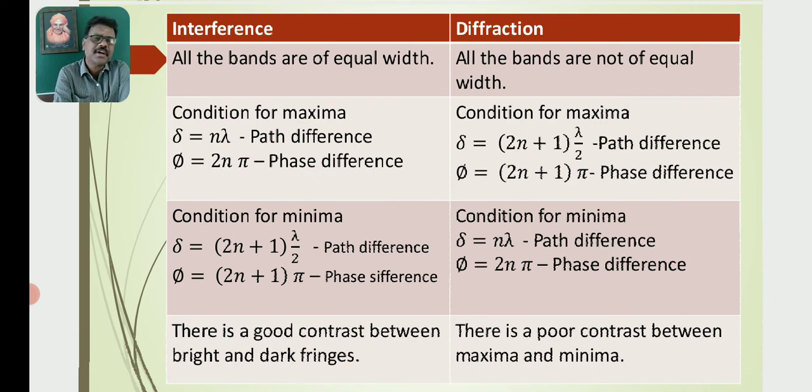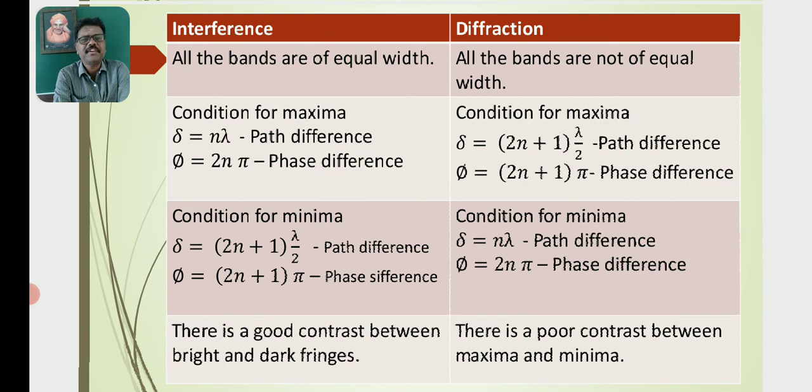In diffraction, the condition for a minima: path difference is equal to n lambda by 2, an even multiple of lambda by 2, phase difference 2n pi, an even multiple of pi. These are the conditions for maxima and minima in interference and diffraction.